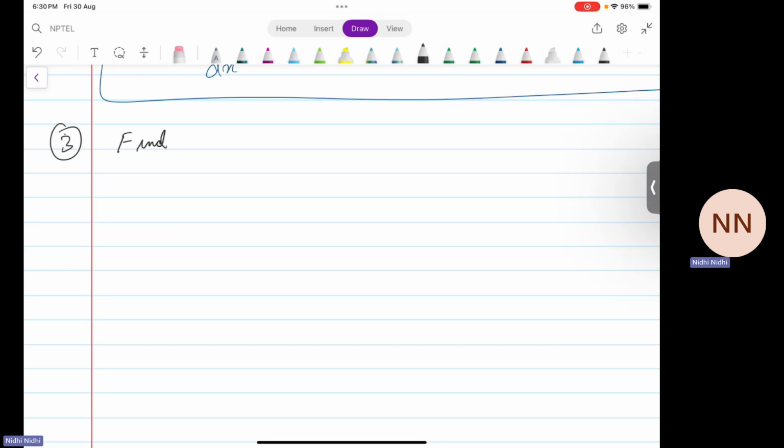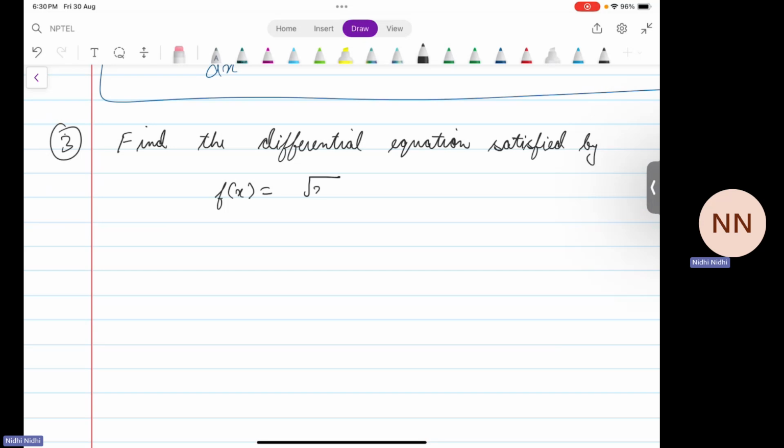Find the differential equation satisfied by f(x) = root x J_(1/2)(x).